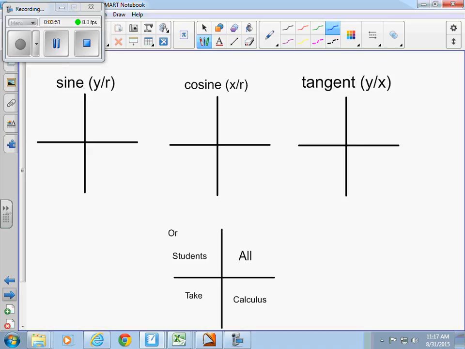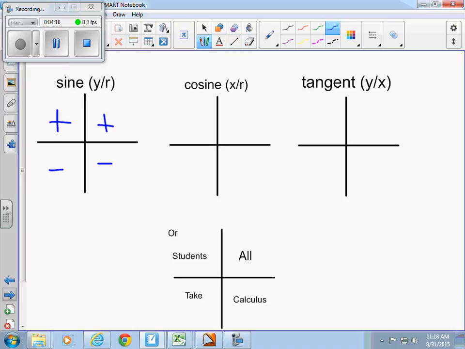So if sine is related to the y value, this will help, because this summarizes all of it. Sine is the y value over the radius, right? When is y positive? Up. Because it's related to the y value.